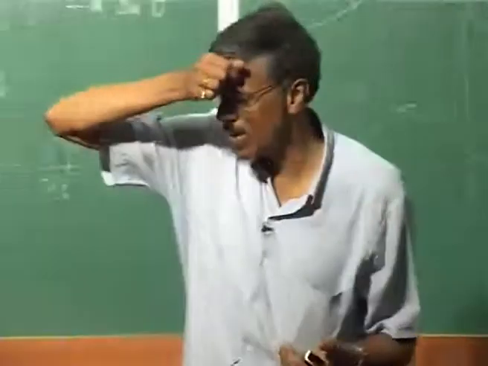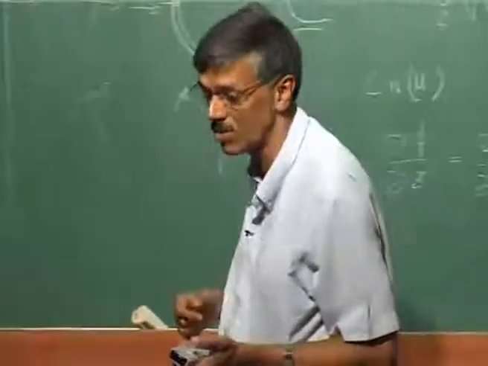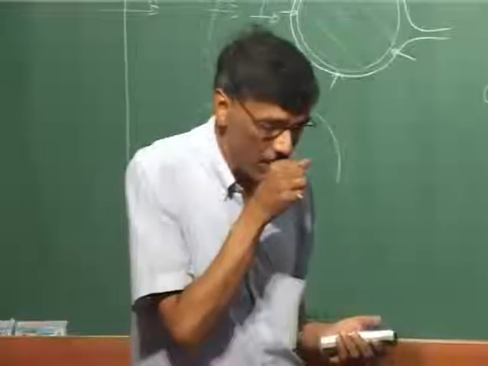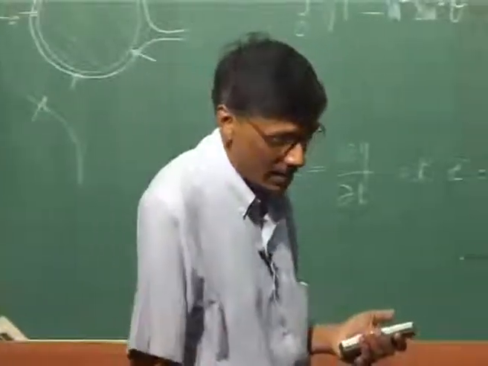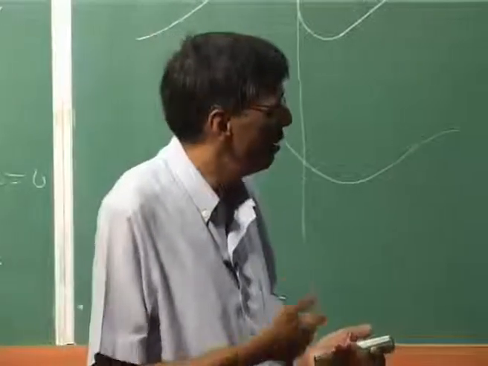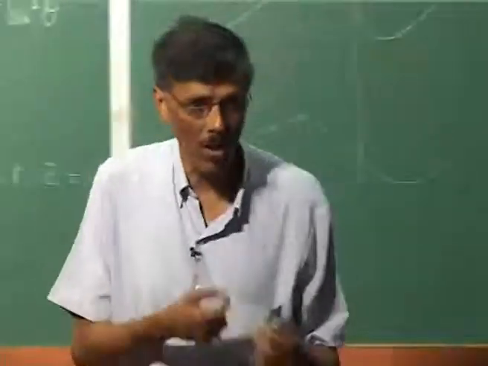Now, I come to the last part of this discussion on waves. What we have seen so far is that to develop tools for scientific computing purposes, we need to have model equations.